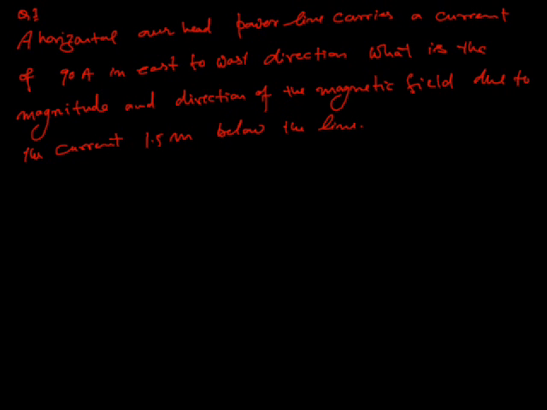Now come to the solution. The direction of current is east to west like this, and the magnetic field is to be found 1.5 meter below, and what will be the direction of it, south or north.